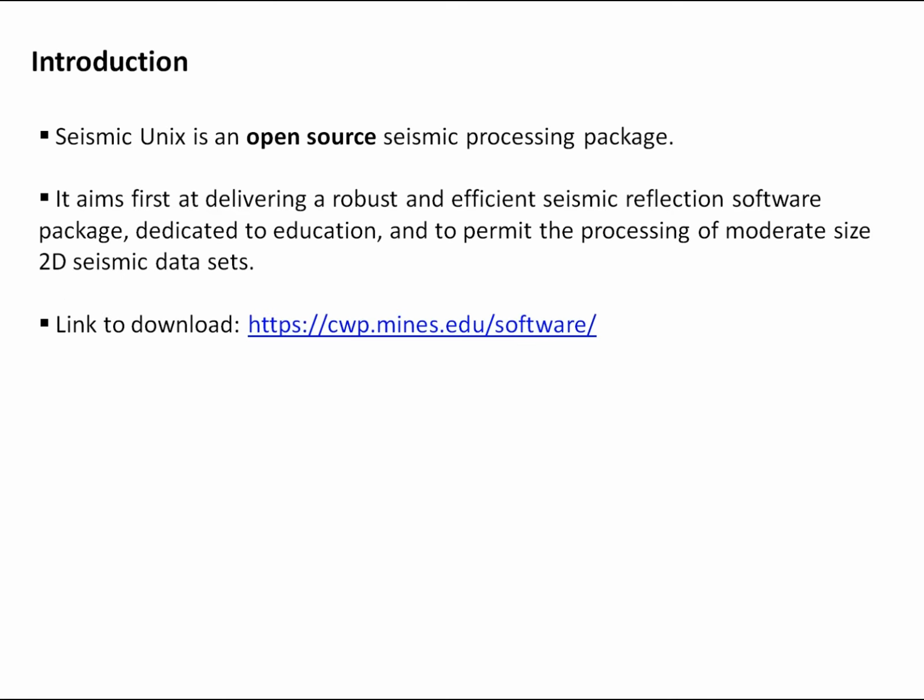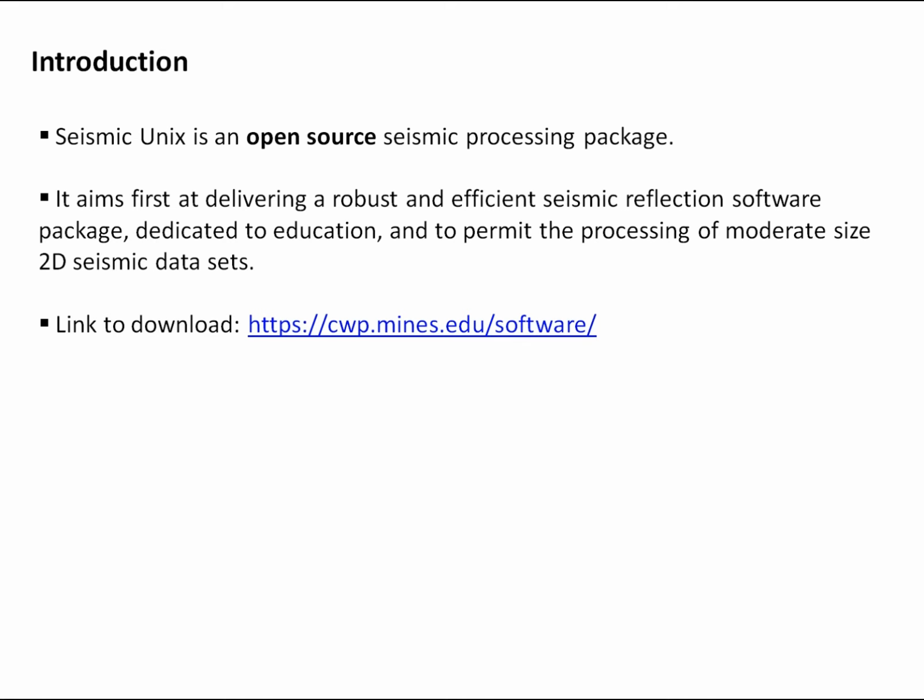So basically Seismic Unix is an open source seismic processing package. It aims at delivering a robust and efficient seismic reflection software package dedicated to education and to permit the processing of moderate size 2D seismic datasets. So with this package you can easily process small or moderate size 2D seismic datasets.